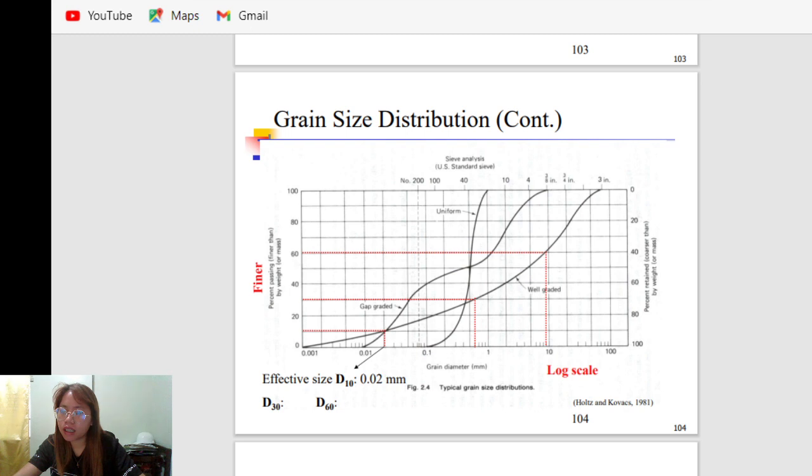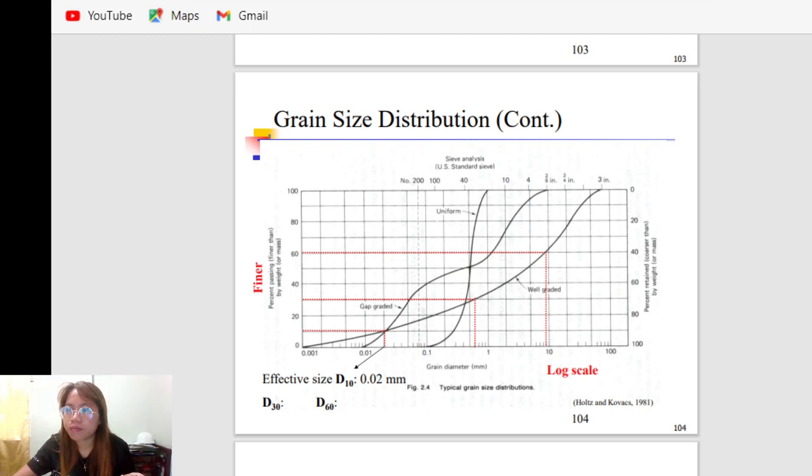It is not well distributed, meaning it is only within this part here. So most of what is present in your soil sample is within this range of sizes. Uniform means they are almost all the same size. That is the meaning of uniform. That is why its curve looks like this. And for the gap graded, it looks like this.